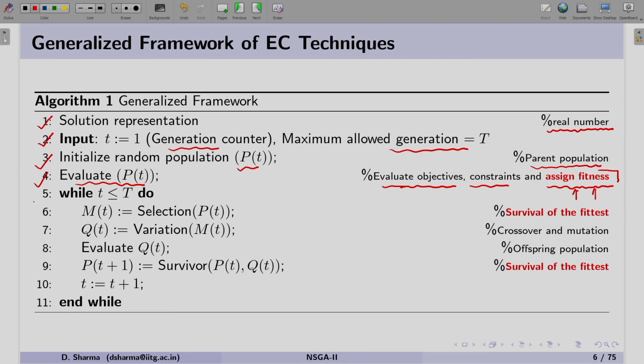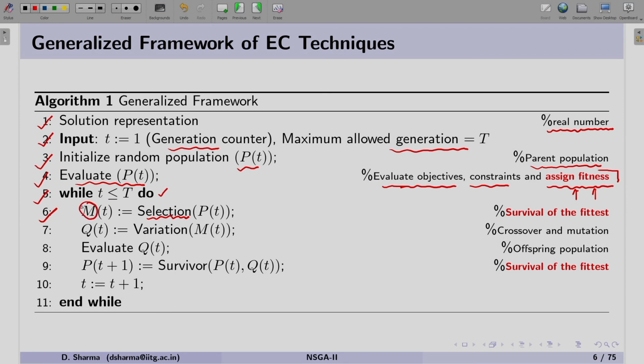Now in step 5 we are in the standard loop over the number of generations. Currently t is smaller than the maximum, so we go inside, and step 6 says that we first do the selection to create a mating pool, which is represented by M.